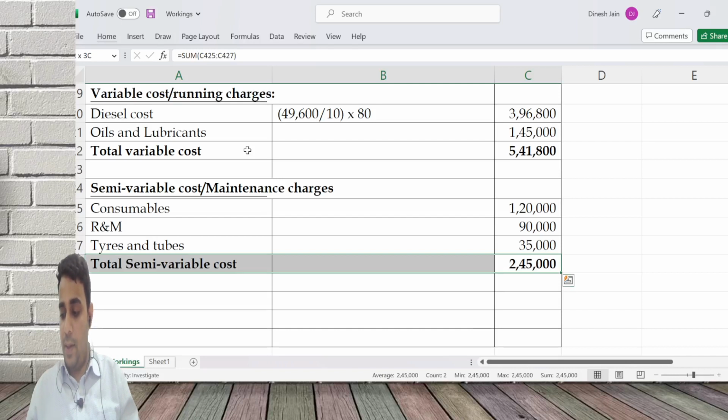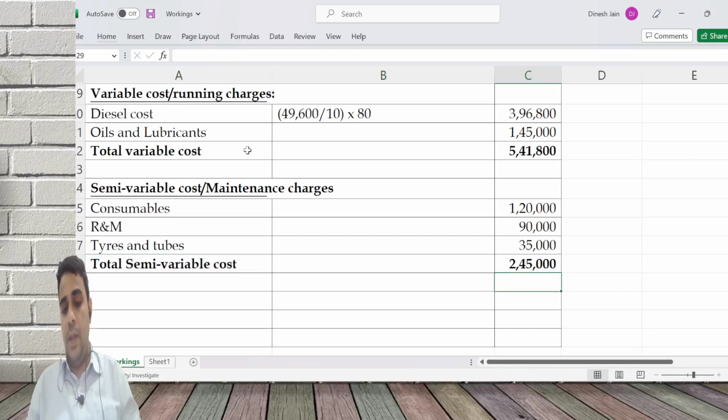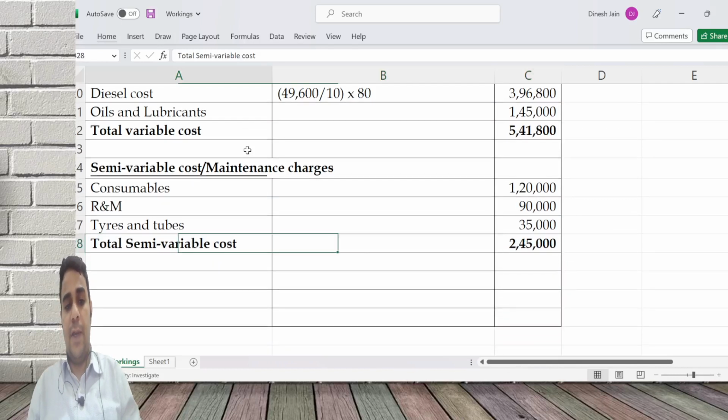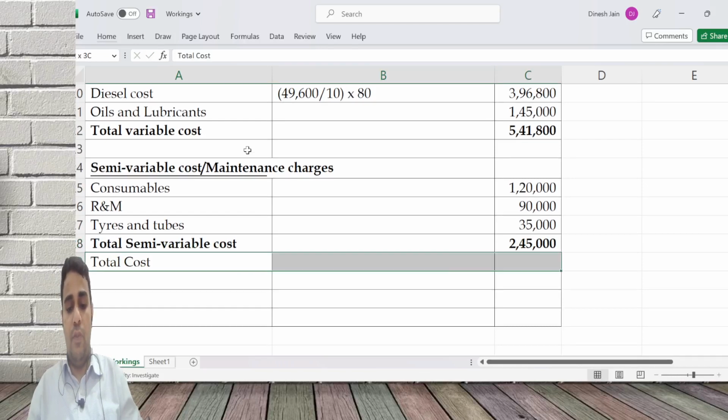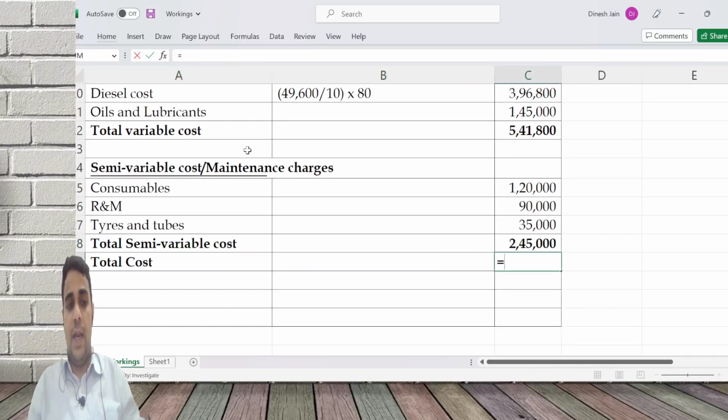Keep computing the cost. Classification can be different from what you see in the material, mostly for tires and tubes. I can take it under variable as well.